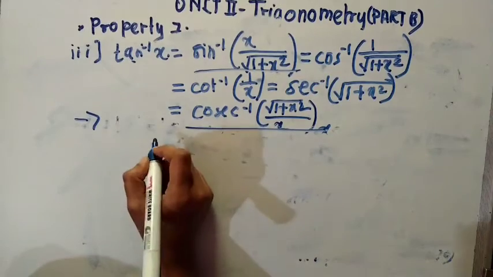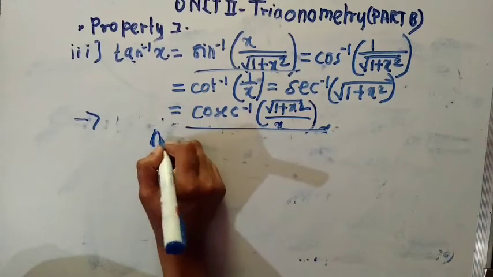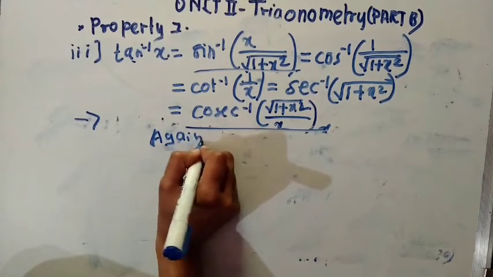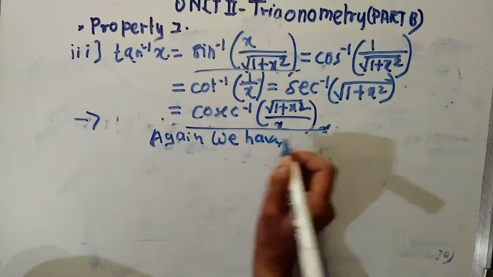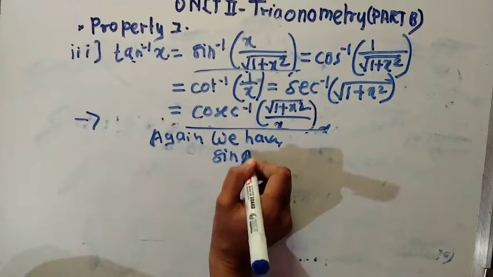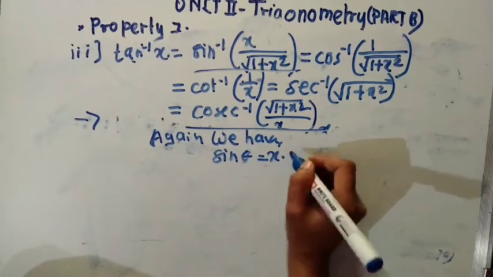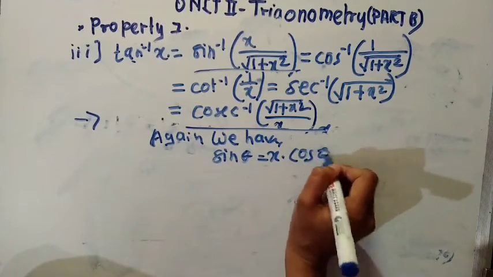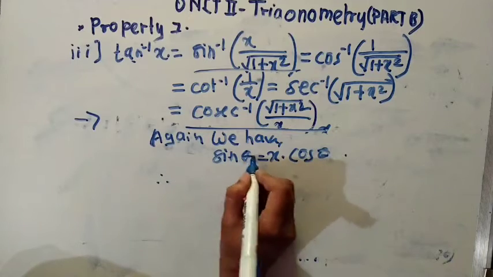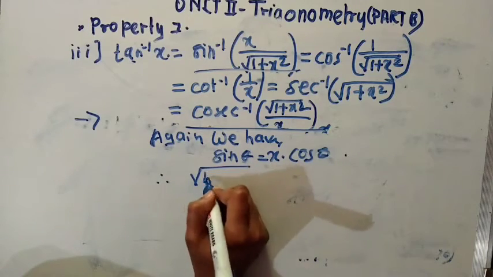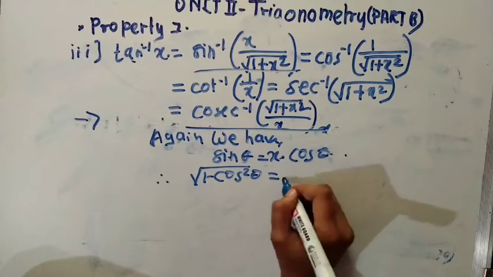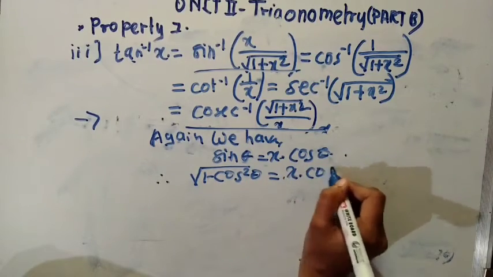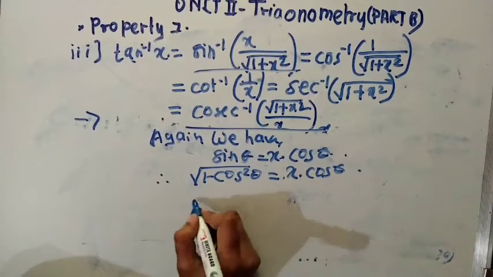Then again we have sin theta is equal to x into cos theta, but sin theta is equal to root 1 minus cos square theta is equal to x into cos theta.